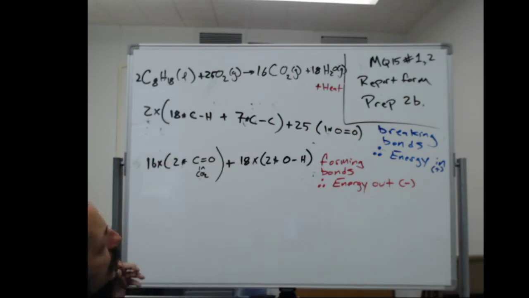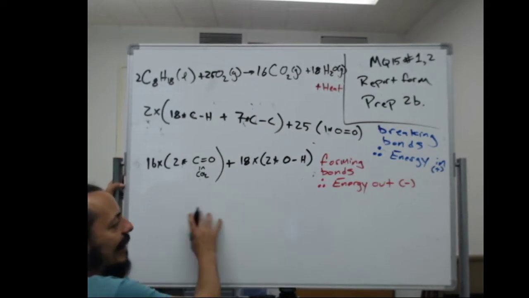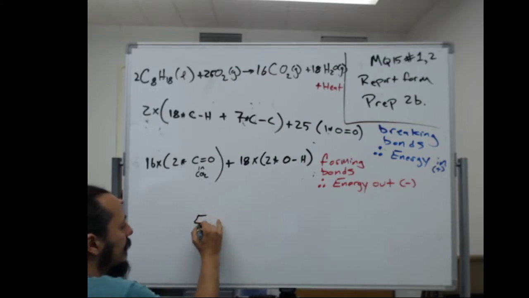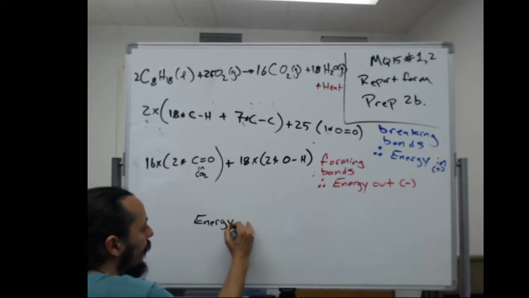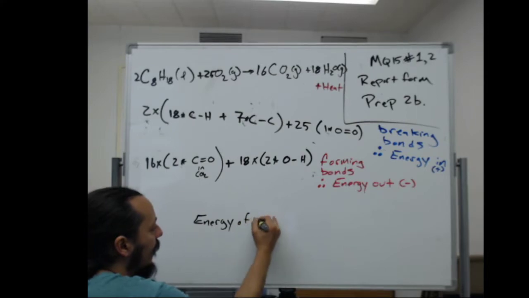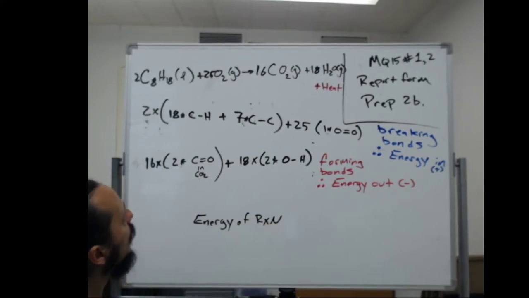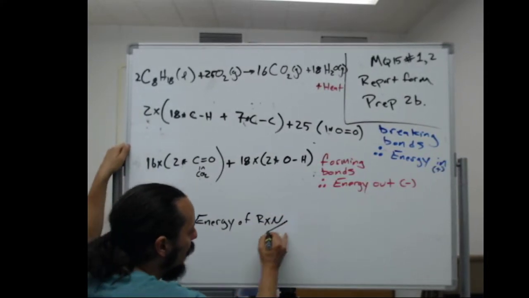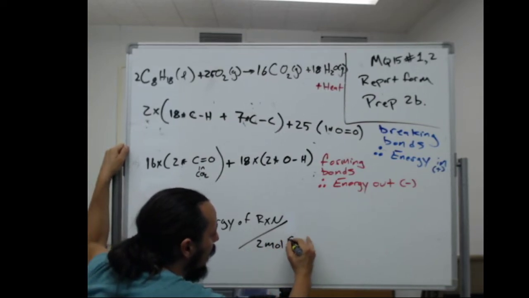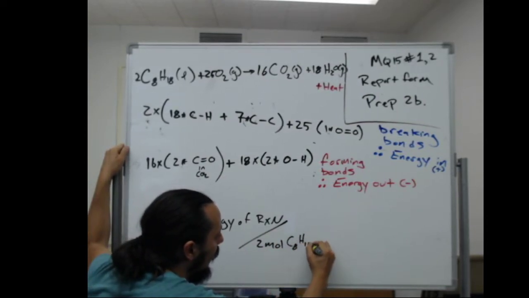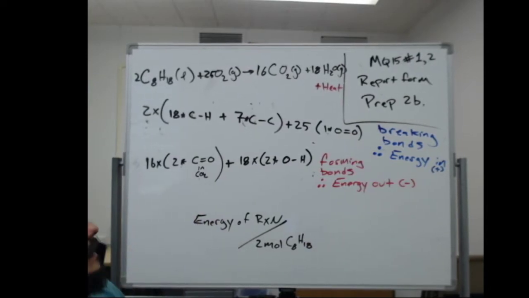The thing you have to watch out for, that's another conceptual idea, is to recognize that the energy you get here, notice that's going to be for 2 moles. The way we've calculated this is for 2 moles of C8H18. So make sure that you've got an energy of reaction for 2 moles of C8H18 because that's what you've done it for.